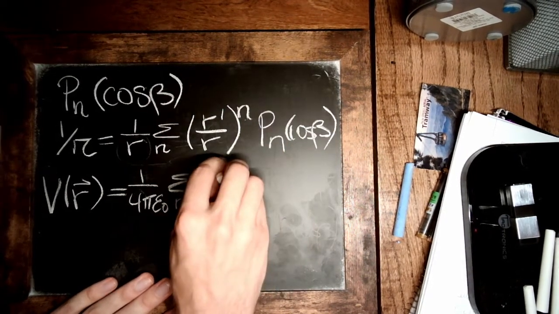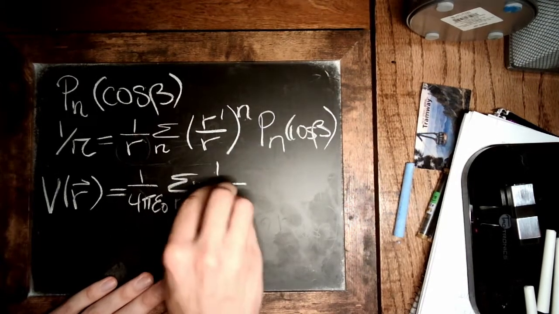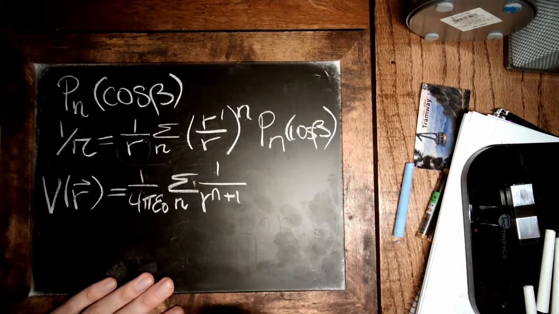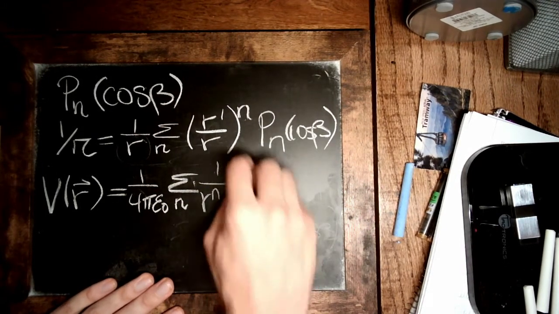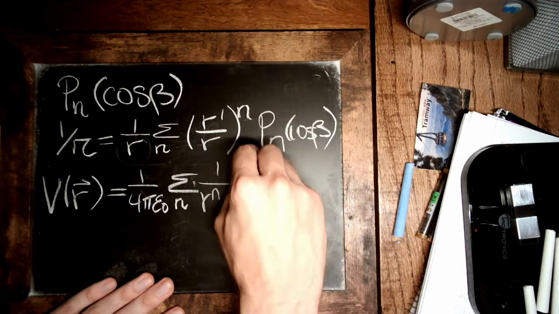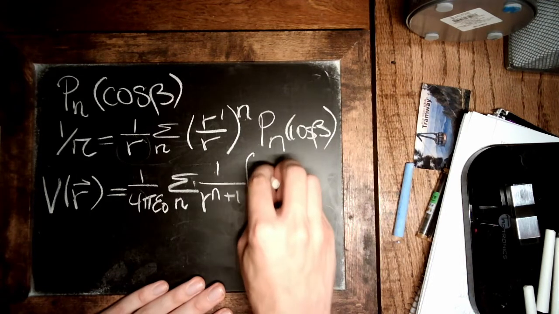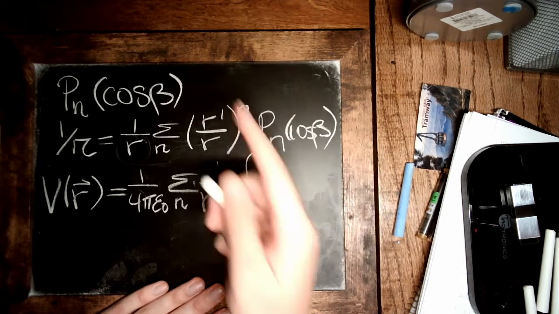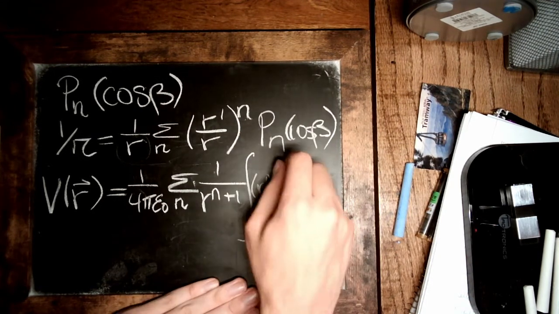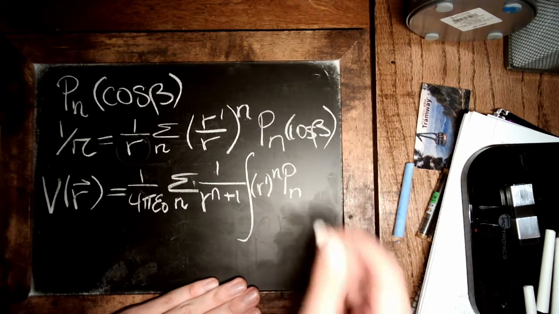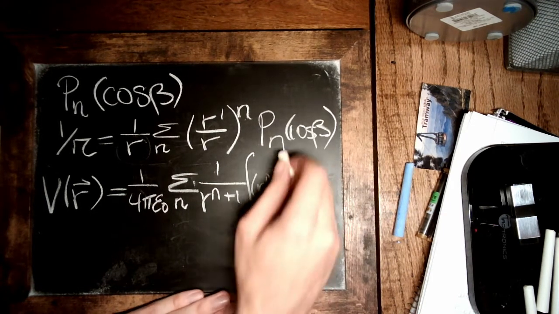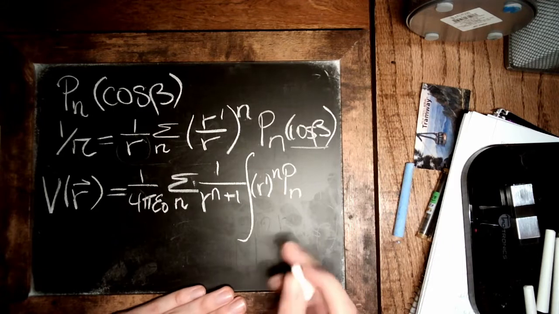So we'll have 1 over r to the n plus 1. Then an integral over r prime to the n. It's just right there. The nth Legendre polynomial. I'll omit the argument. I think we know what it is.